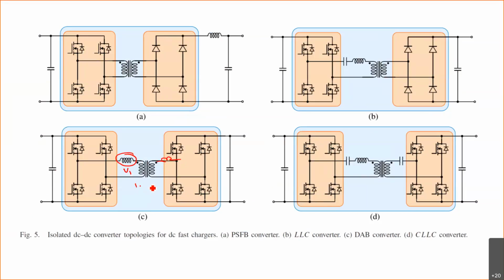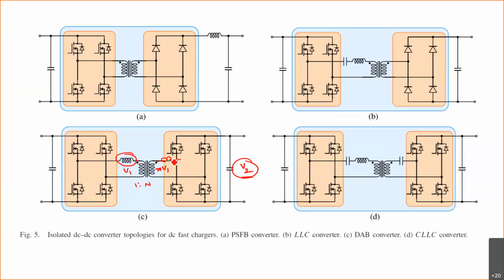If this is a 1:n ratio transformer, then the secondary side will be nV1, because the transformer ratio is 1:n. On the load side, we assume that the output voltage is V2.